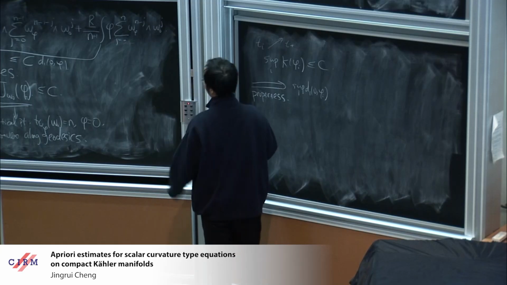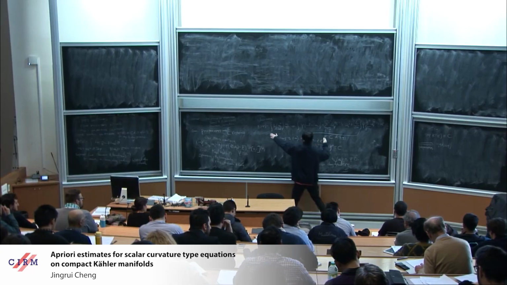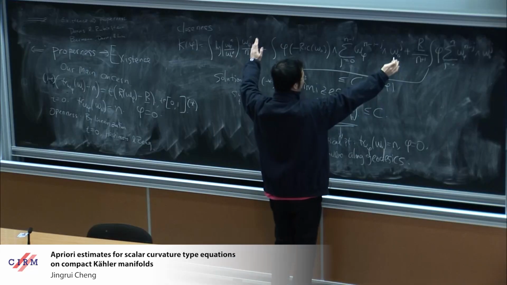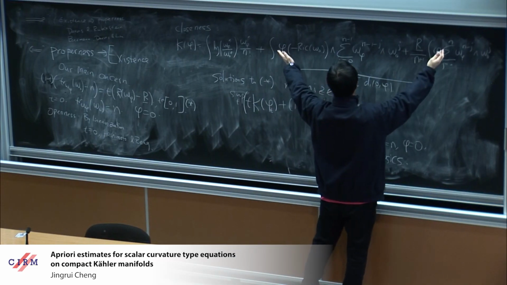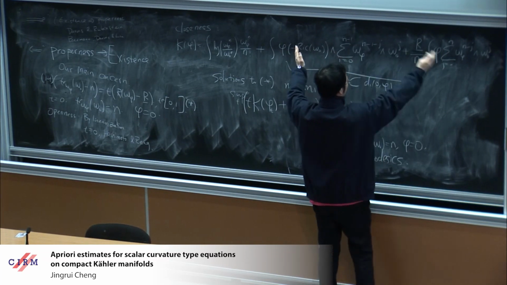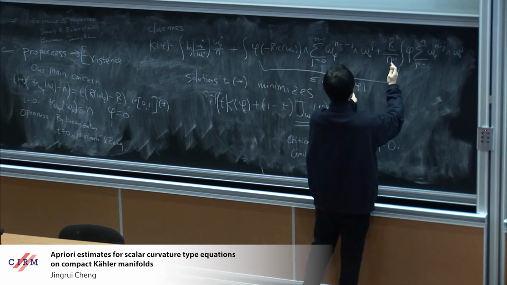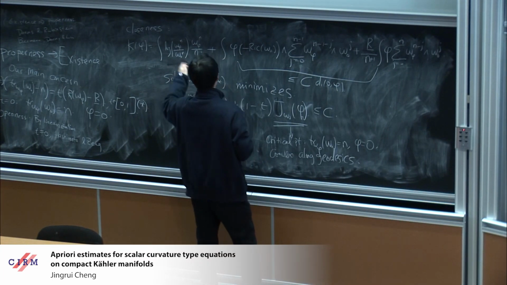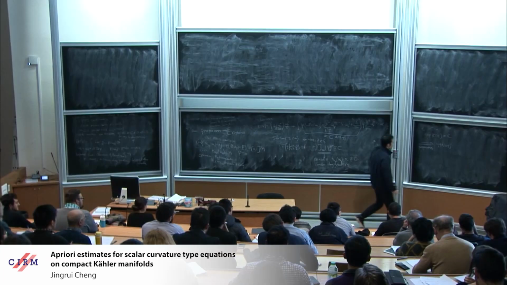In other words, since the K energy is bounded from above, that is, the whole complicated thing is bounded from above, and also we know from elementary calculations that this complicated term is just bounded in terms of the distance, then we know that the entropy term is uniformly bounded from above.